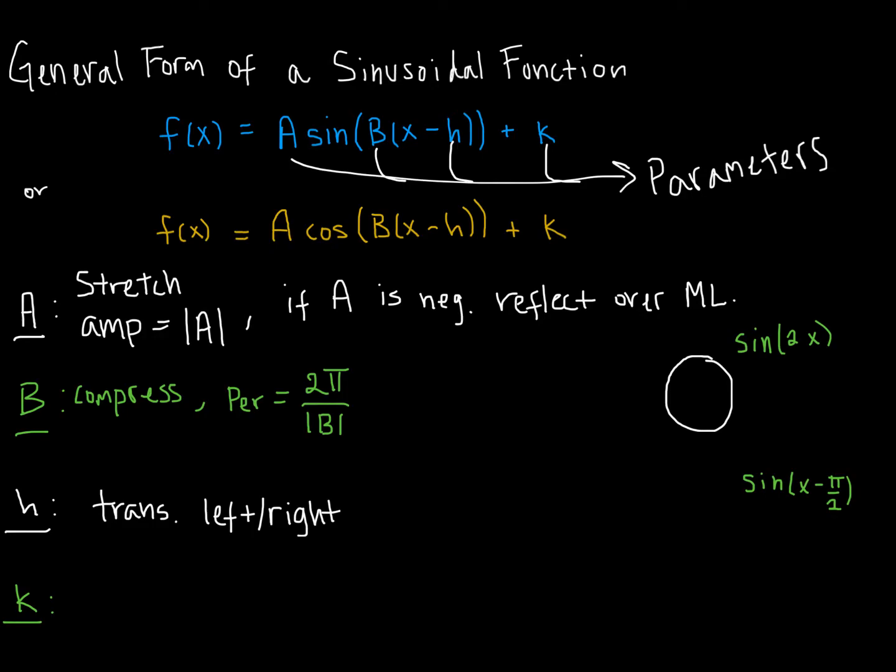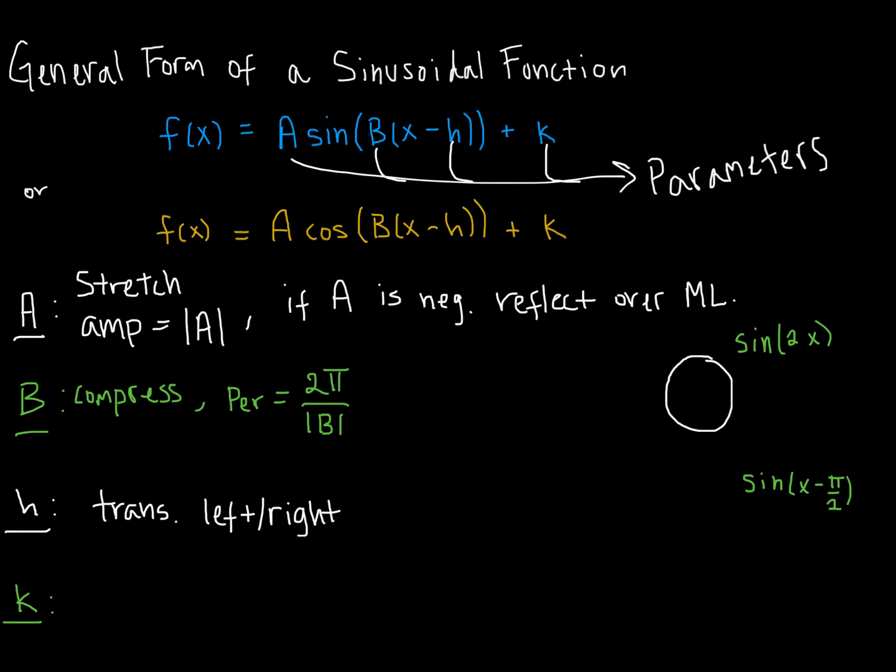In other words, it delays, so I won't actually get to sine of 0 until x is pi over 2. And then I'll have pi over 2 minus pi over 2, which is 0. And so what it does is it moves the initial point of my function. To get sine of 0, I have to scoot to the right to pi over 2.